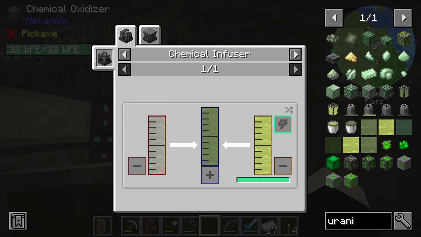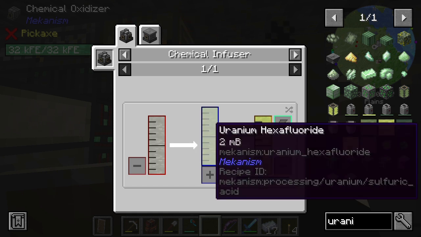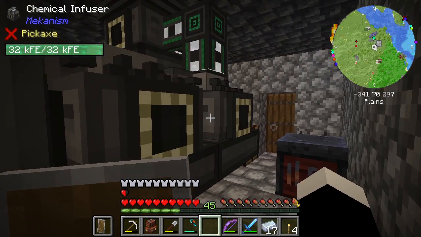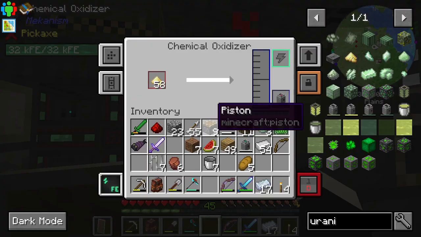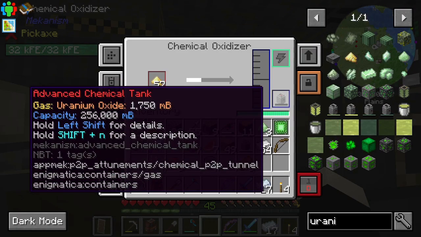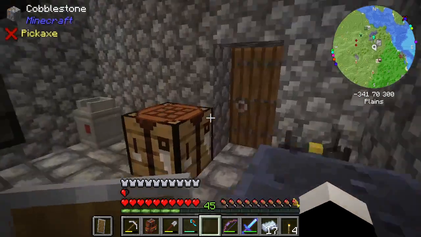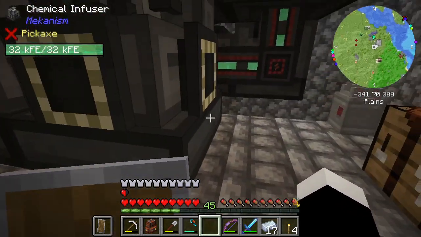And then, I'm going to need as much uranium oxide as I have hydrofluoric acid in order to make efficient use of it.